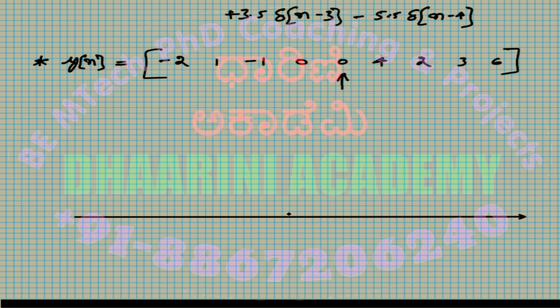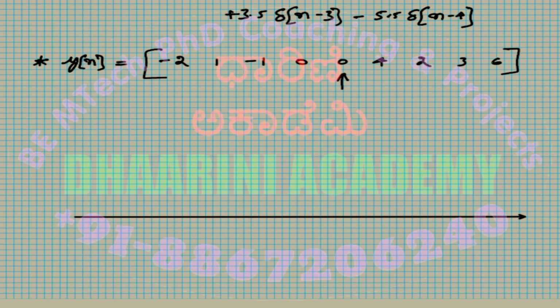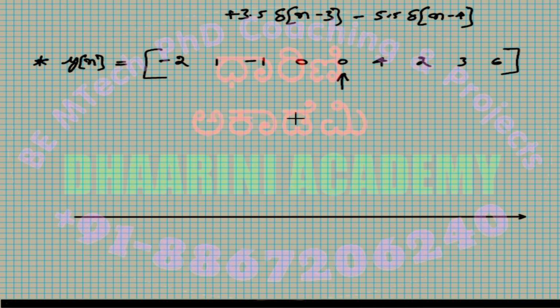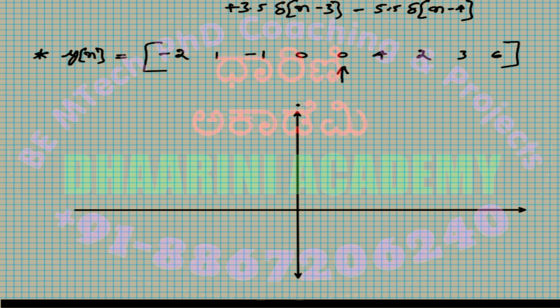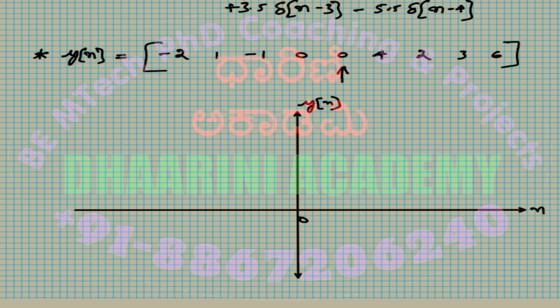Somewhere at the center, you will have the y-axis. So this is the function y of n versus n. Now let me plot according to this.